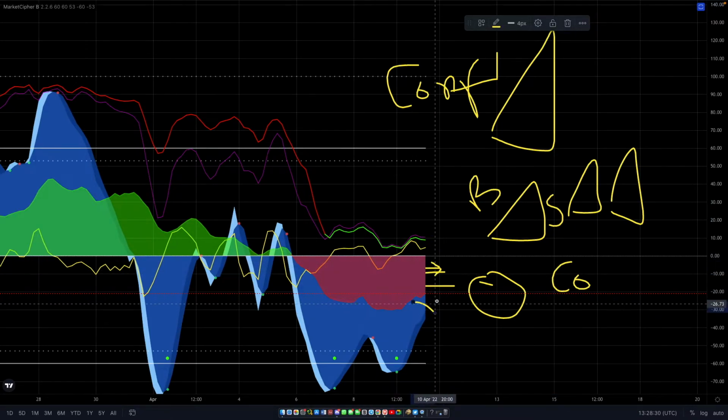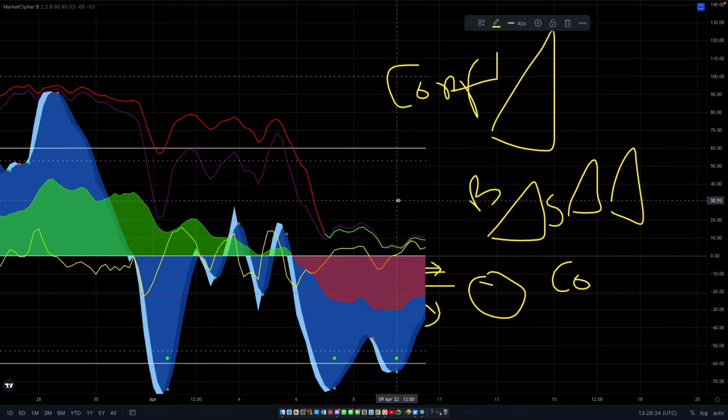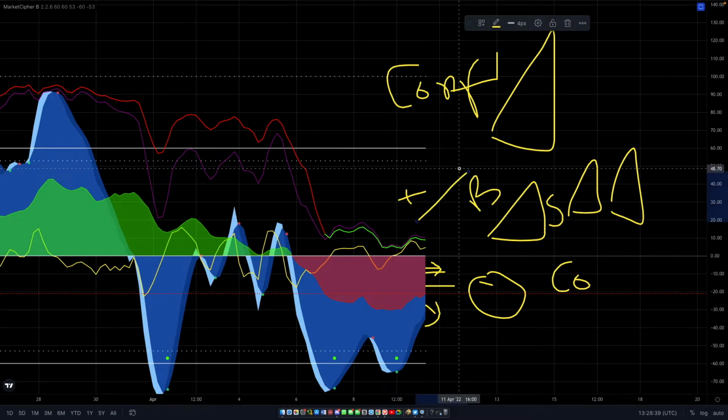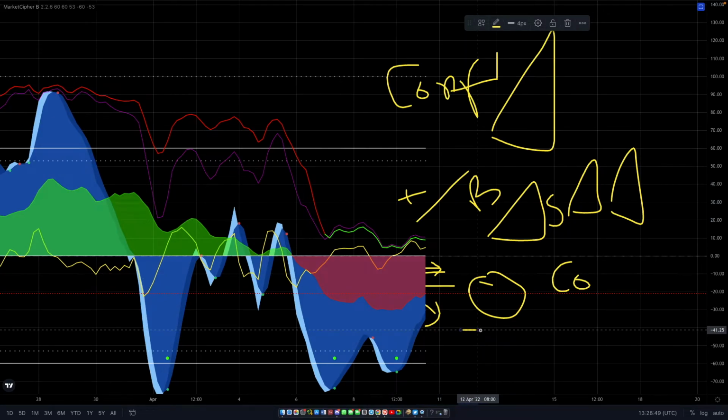If the majority of my oscillators are in the positives amongst different time frames, it means we can trade in on the uptrend. And if the majority of my oscillators or my waves are saying we are in the negatives, let me read myself again before I even get confused.